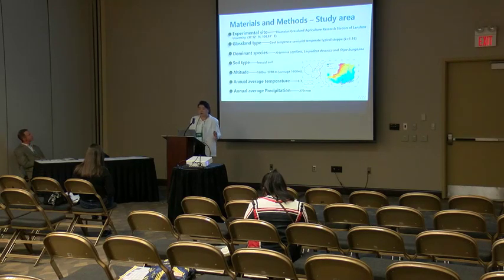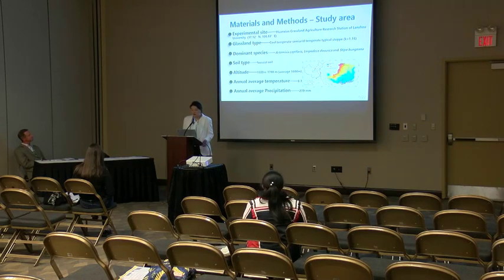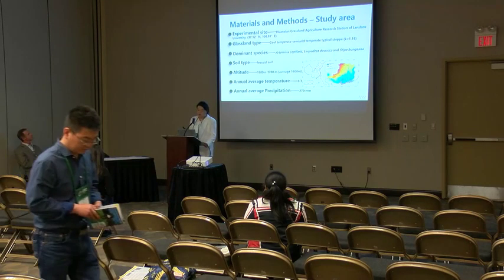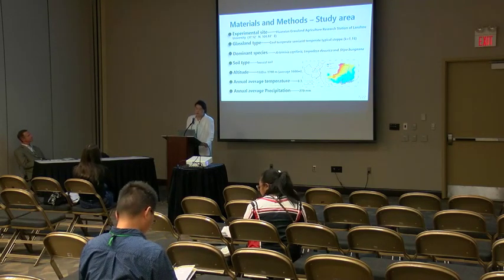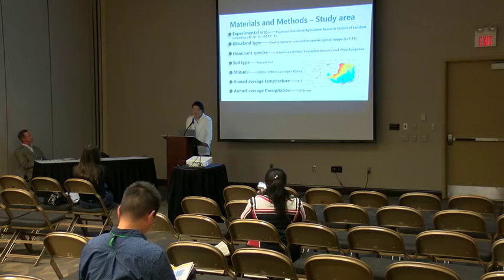The grassland type was temperate typical steppe, and the dominant species were Artemisia capillaris and Stipa bungeana. The soil type was loess soil, and the altitude was between 1,000 and 1,700 meters. The annual average temperature is 8.3 degrees, and the annual average precipitation is 217 millimeters.